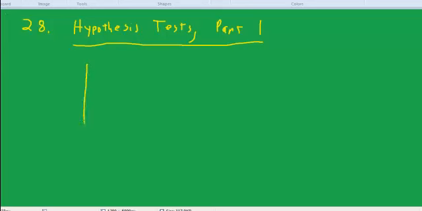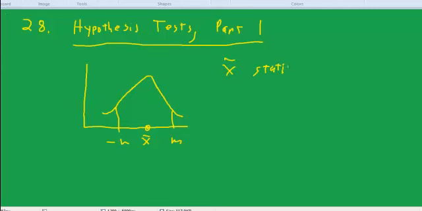So remember when we were doing confidence intervals, we described an interval around x bar plus or minus m. Remember, x bar is the sample statistic, the sample mean, and mu is the unknown true population parameter, which we don't know.